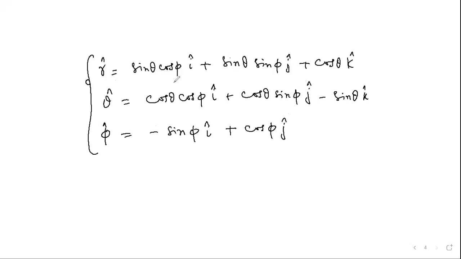I repeat, r cap is sine theta cos phi i cap plus sine theta sine phi j cap plus cos theta k cap. Theta cap is cos theta cos phi i cap plus cos theta sine phi j cap minus sine theta k cap. Phi cap is minus sine phi i cap plus cos phi j cap.